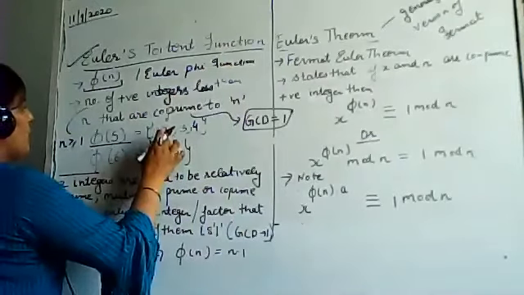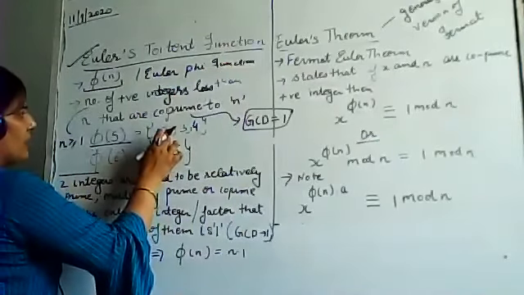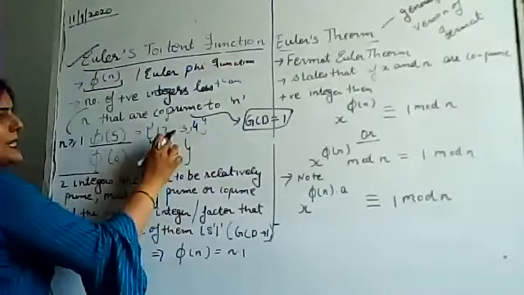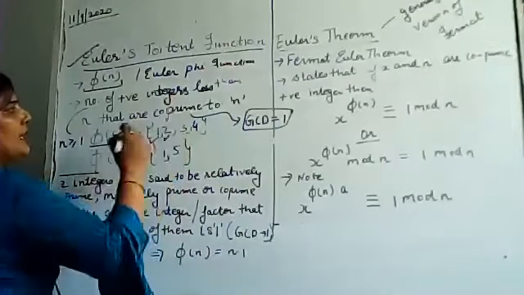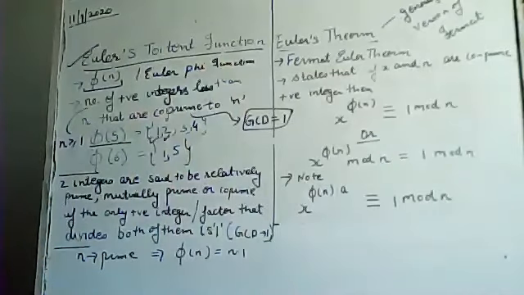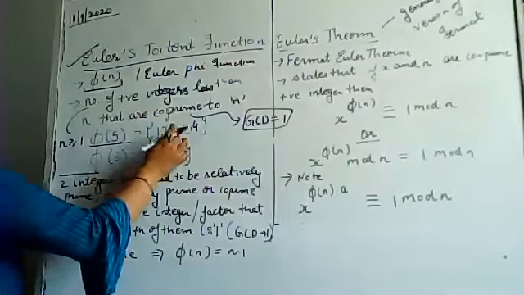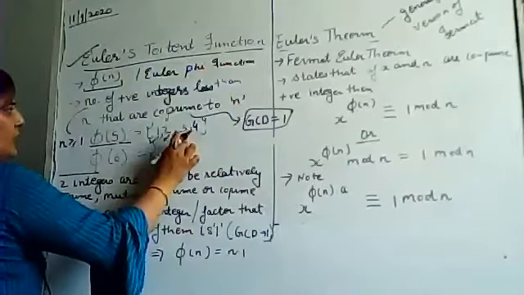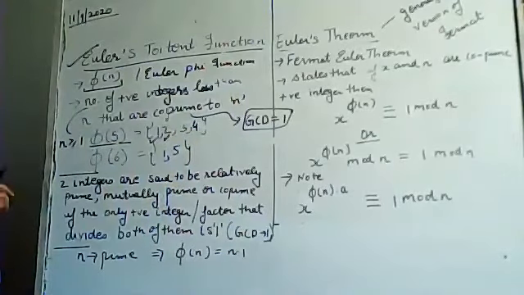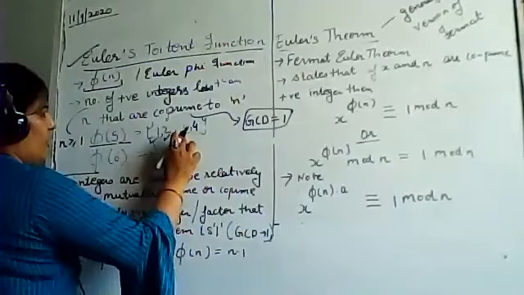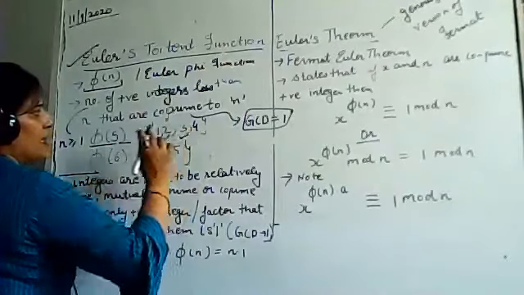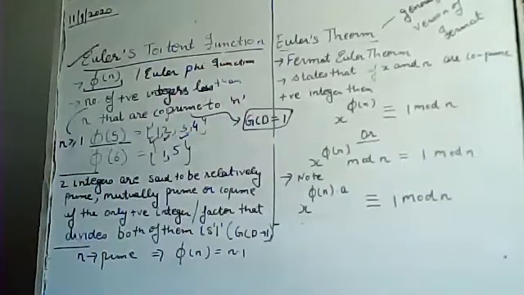Again we find the GCD of 2 with 5, which is 1, so we can include the number 2. Clear? The GCD of 5 and 3 is also 1, so we include 3. So all numbers less than 5 that are co-prime, having GCD equal to 1.